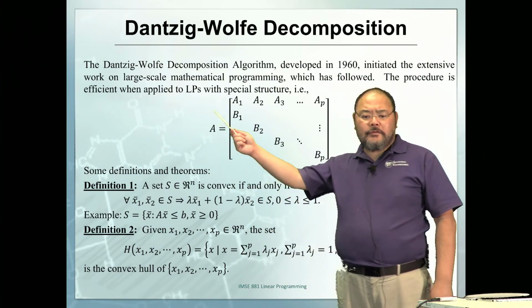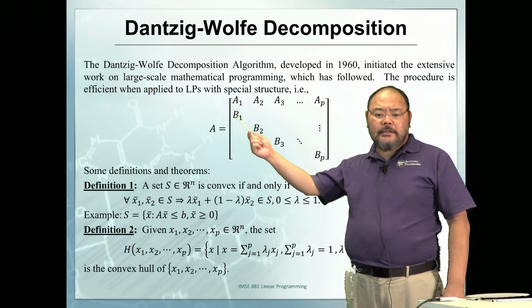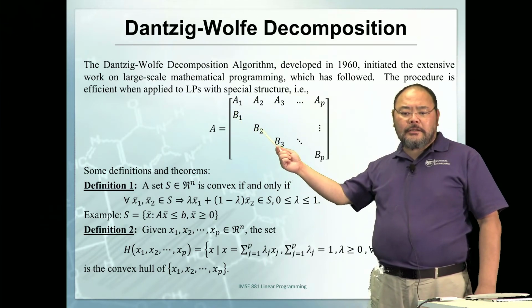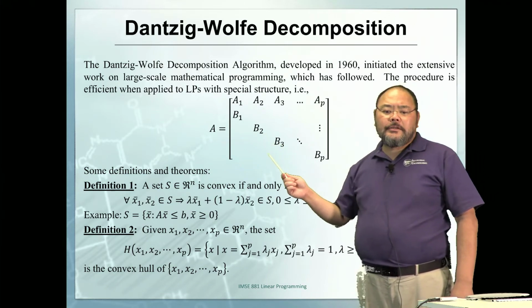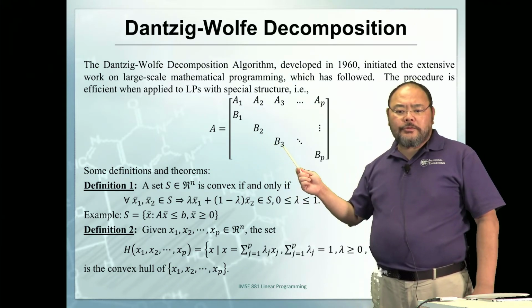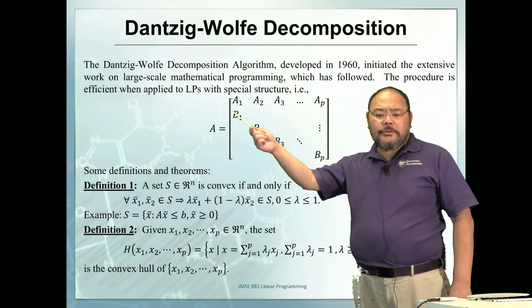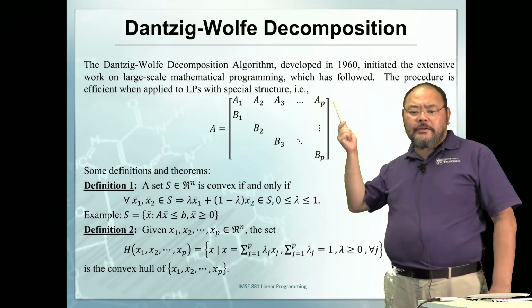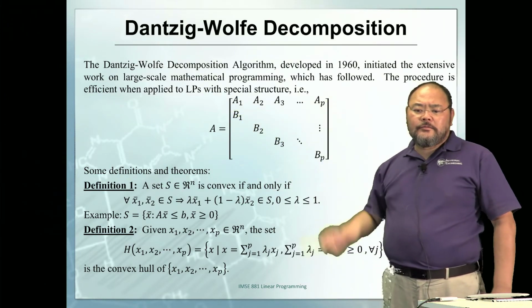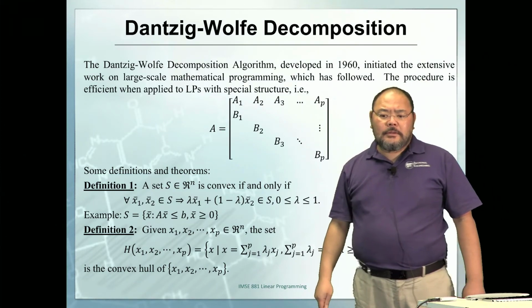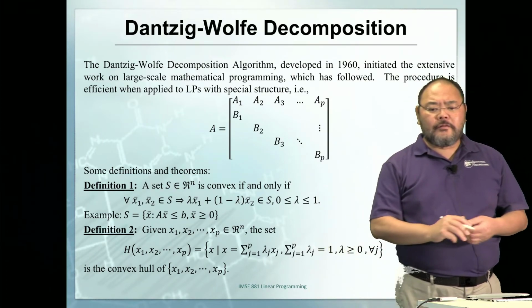So B1 is a block, B2 is another block involving a second set of variables, and B3 is another block of variables. But the A constraint involves the entire set of variables.